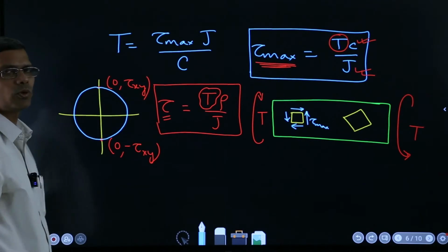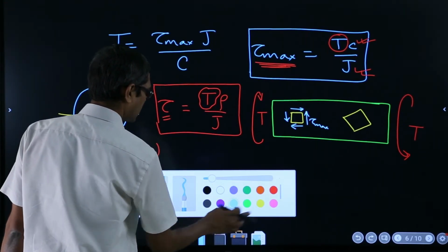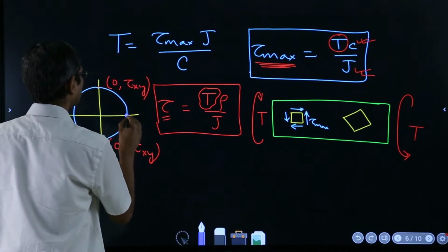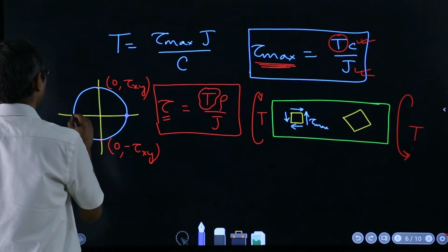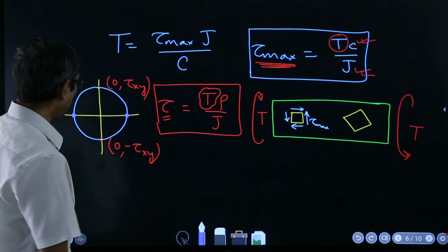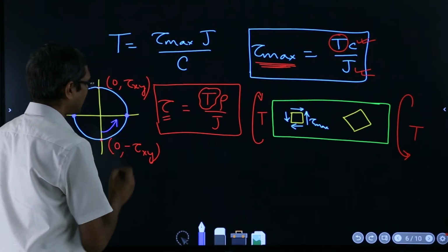So this is the Mohr circle. Now this is my maximum and this is my minimum normal stress, and they are at an angle of, see, this angle is 90-degree.